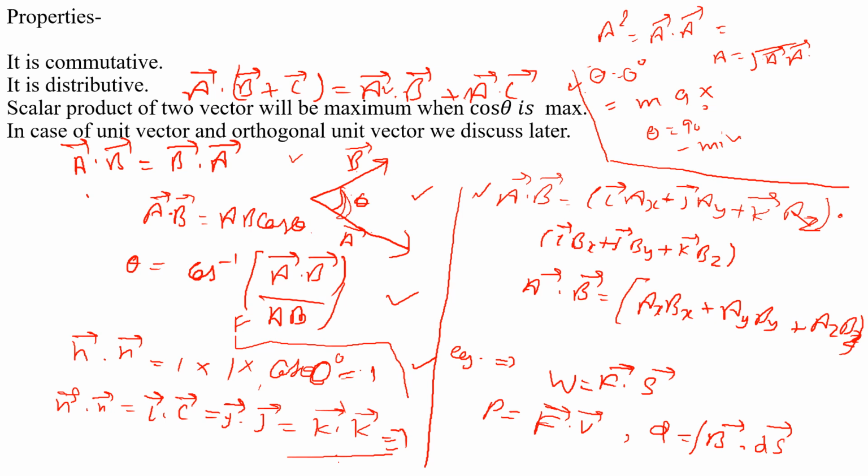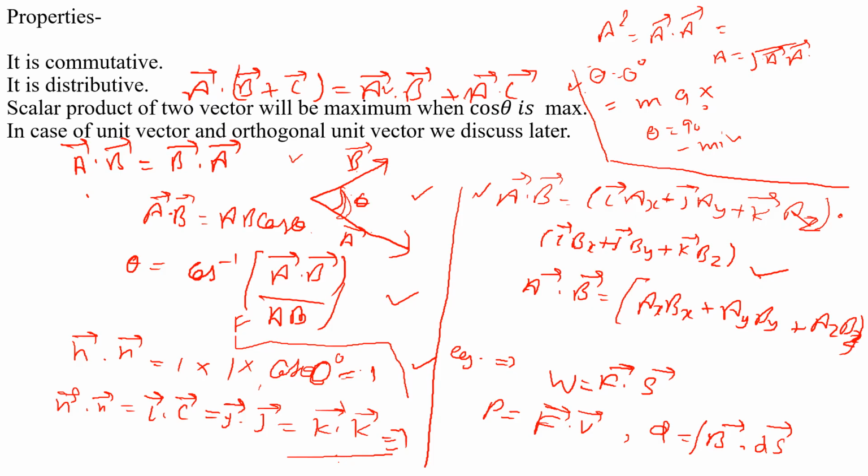A vector dot B vector is equal to i vector Ax plus j vector Ay plus k vector Az dot i vector Bx plus j vector By plus k vector Bz. So we can also say A vector dot B vector is equal to AxBx plus AyBy plus AzBz. So these are some properties of the scalar product of two vectors.